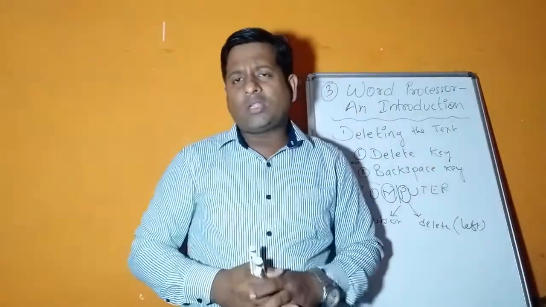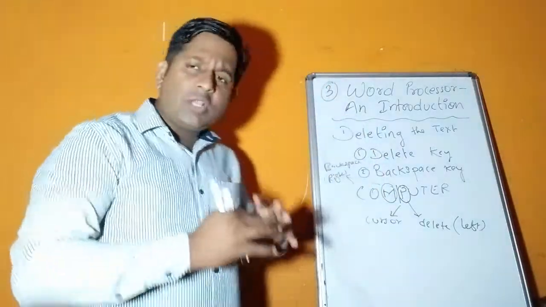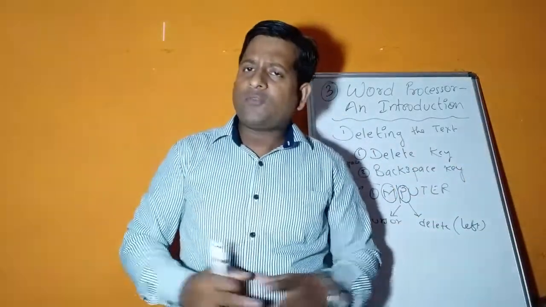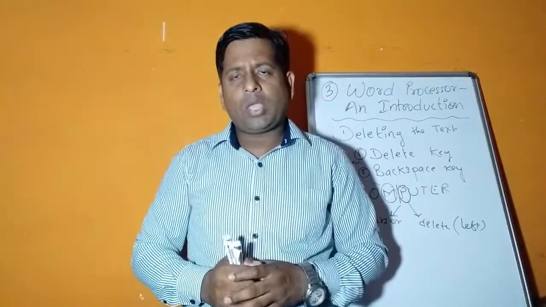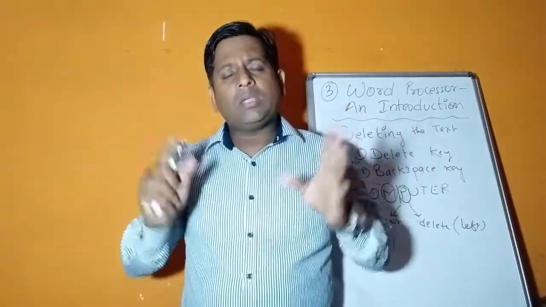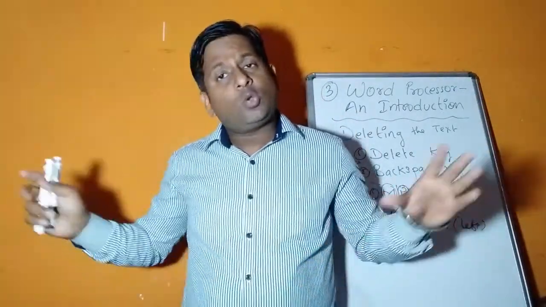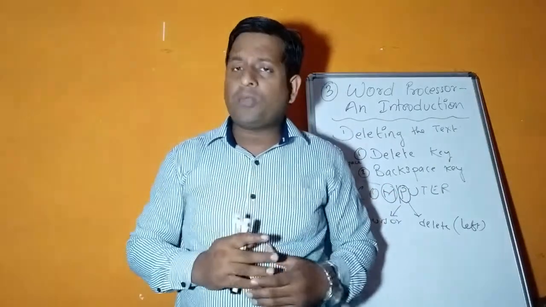So this is all about deleting a character or individual letter. Now if you need to delete a word, first you need to select the word, then you can press the delete key, and the word will be deleted. In the same way, if you want to delete a line or sentence, you need to select it first. Selection is very important.